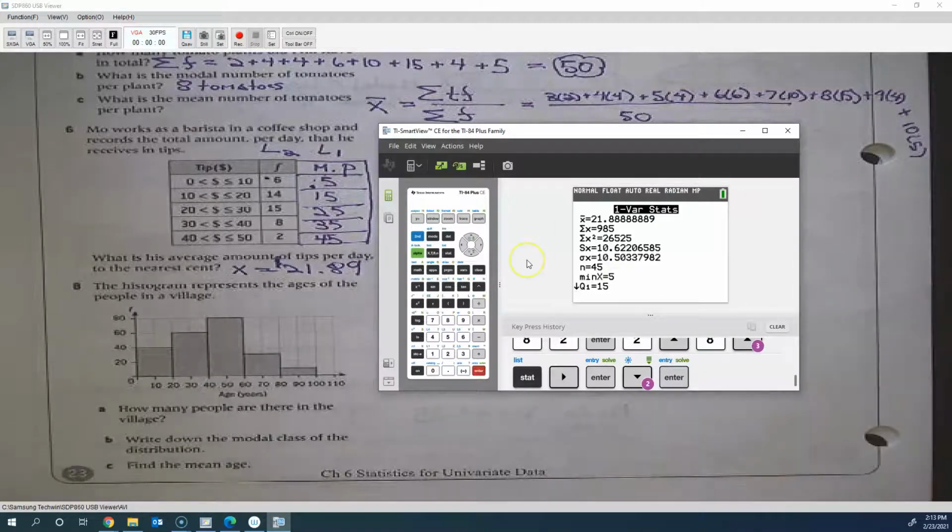So you can do either one of these on your calculator. If you're doing a histogram or a group frequency chart, you're going to use the midpoints.